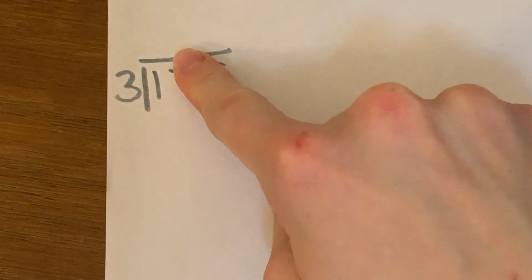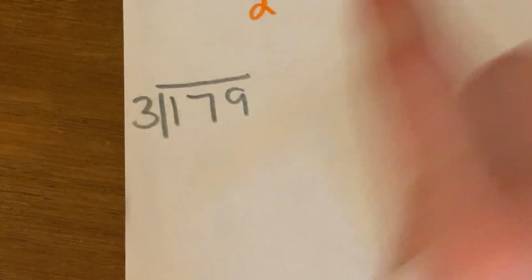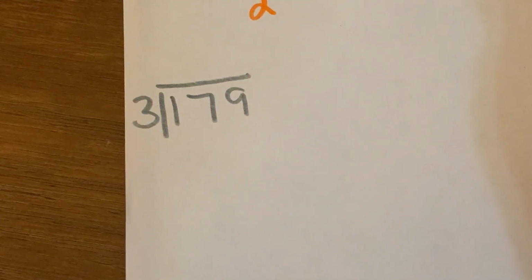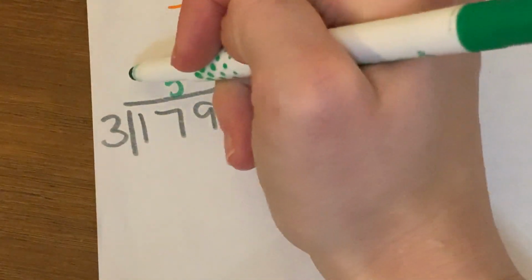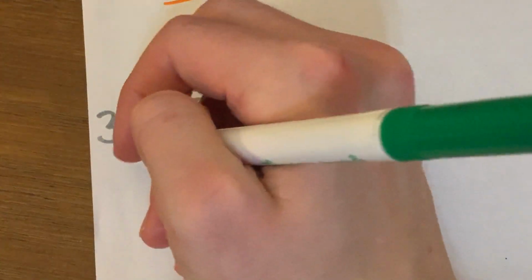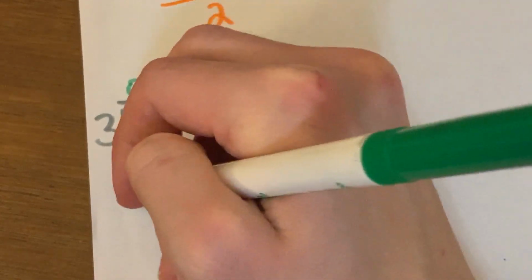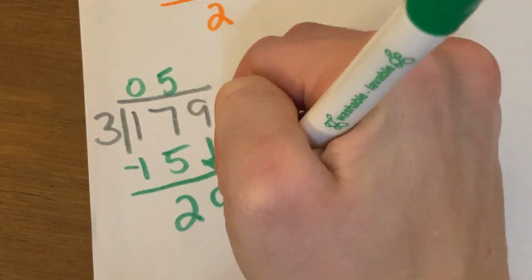Can't do anything there. 3 times nothing gives me 1. So I'm going to just move on. 3 times what gives me 17? Well, 3 times 5 gives me 15. 3 times 6 gives me 18. I'm going to go ahead and put that 5 there because I'm working in this space now. So 3 times 5 gives me 15. 2. Bring down the 9.